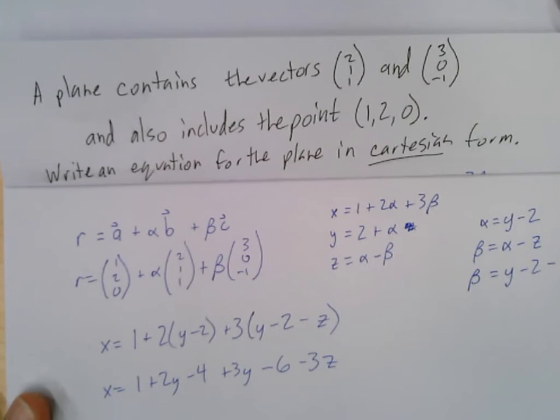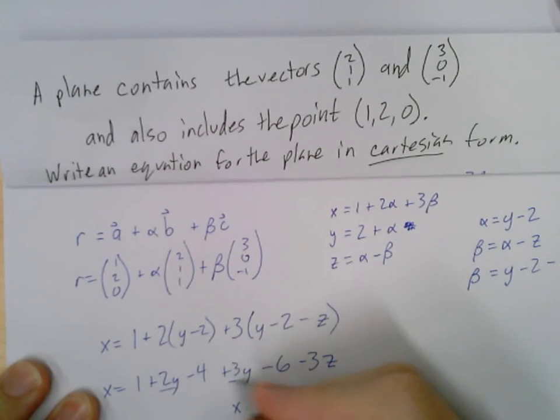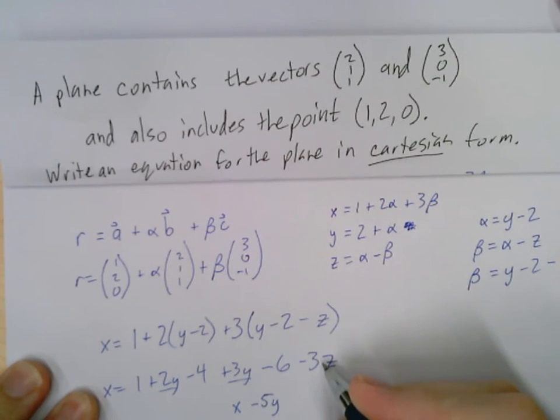Normally with this type of equation, what we'll do is put all the variables on one side and the constants on the other side. And so I'm going to write my final equation here. I've got x there. I'm going to have a plus 2y and a plus 3y, which I'm going to move to the other side. So that'll be minus 5y. And then I've got a minus 3z, which I'm going to move to the other side.